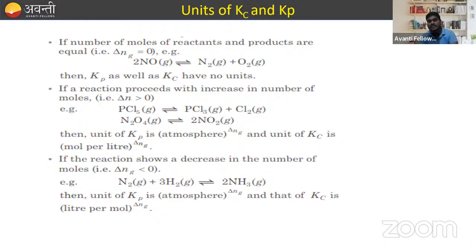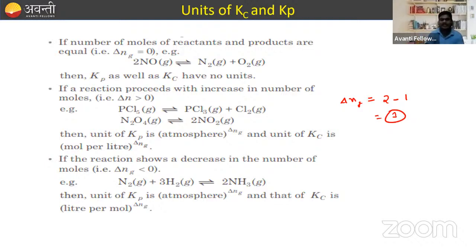If the reaction proceeds with an increase in the number of moles, that is when delta N is greater than 0, for example PCl5 giving PCl3 and Cl2. We calculate delta N: on the product side we have 1 and 1, 2 moles, and on the reactant side only 1 mole. So delta N is 1, which is greater than 0.